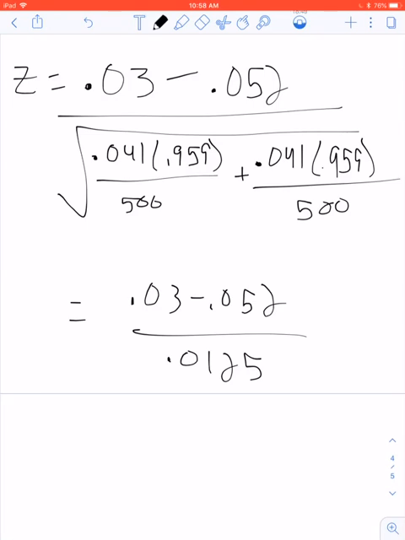So let's calculate our test statistic now. So 0.03 minus 0.052 is equal to negative 0.022, and I'm going to divide that still by 0.0125, so I'm doing that calculation on my calculator right now. So I have negative 0.022 divided by 0.0125, and I get, now I did this on my phone calculator, so it rounds it to negative 1.76 according to the scoring rubric.